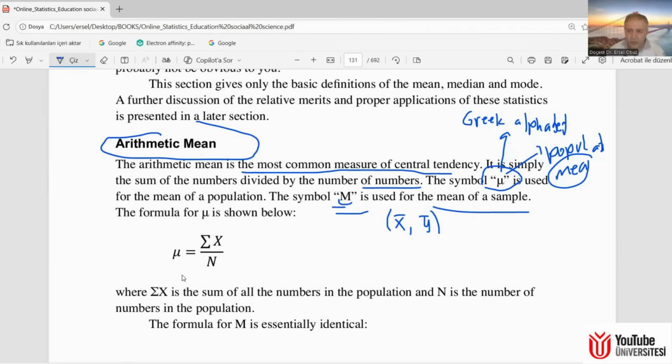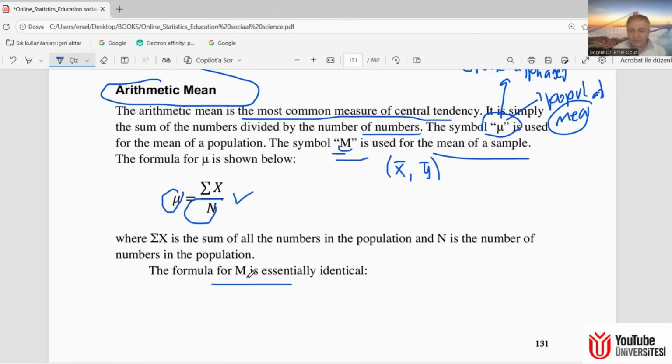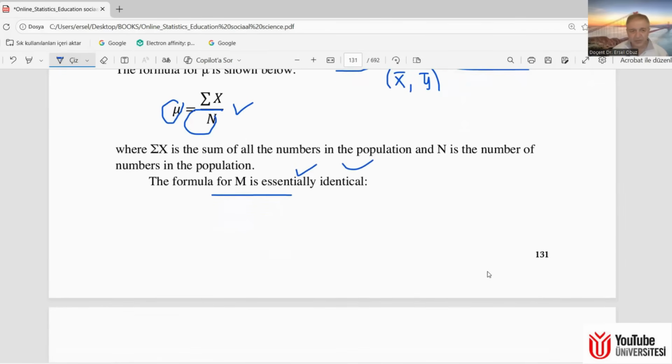So the mu, which is the population mean, what you do is you add all the X values up divided by the number of X values. So the formula for M is essentially identical. There will be no difference. The only difference is you see the population size here.